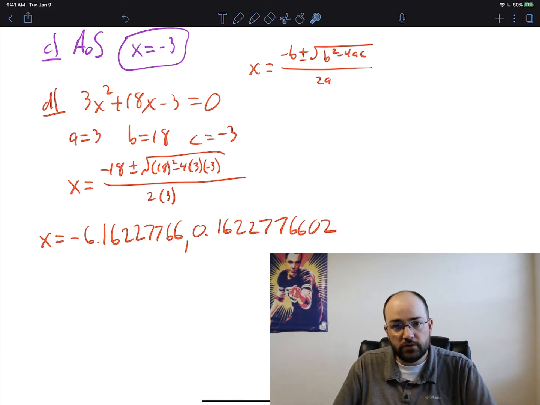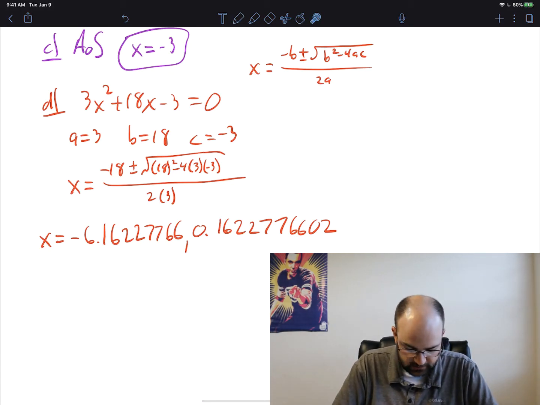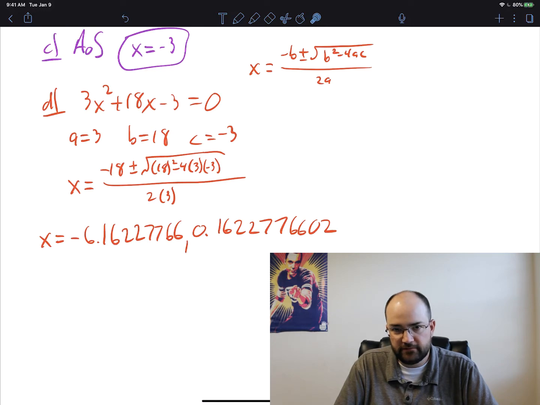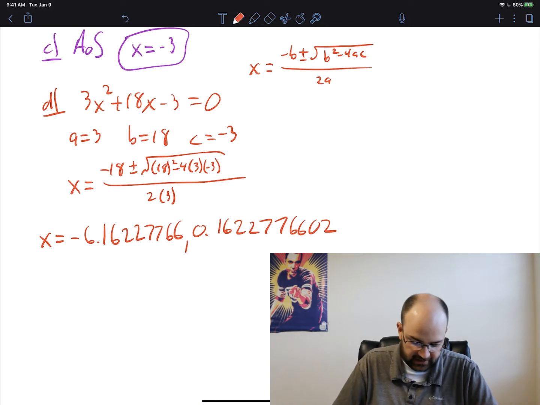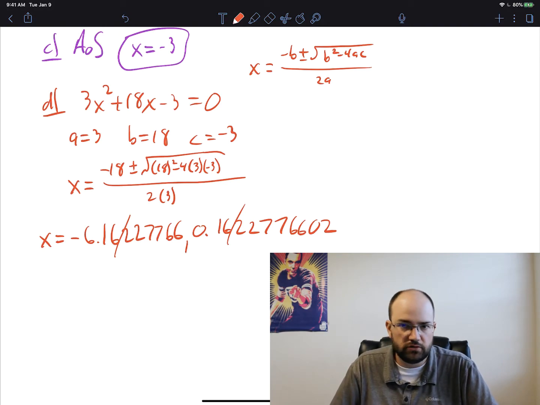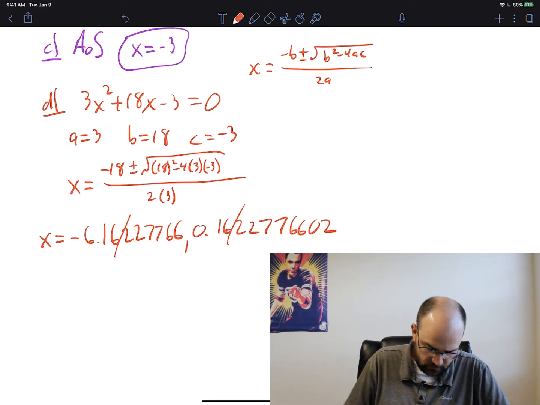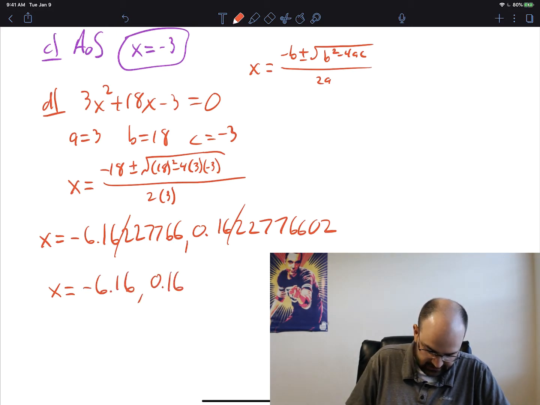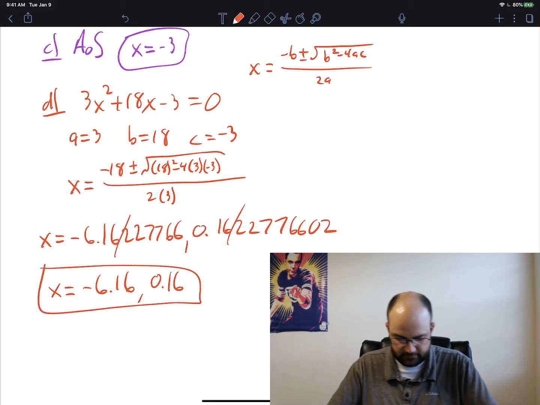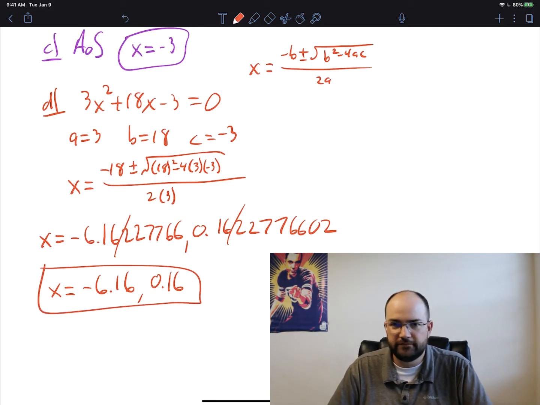Awesome. So what we can do is we can round this to how many ever decimal places that we need. In this case, let's just round it to 2. If My Math Lab says something else, go to that decimal place. So your 2 x-intercepts will be negative 6.16 and 0.16. We love the quadratic formula program.